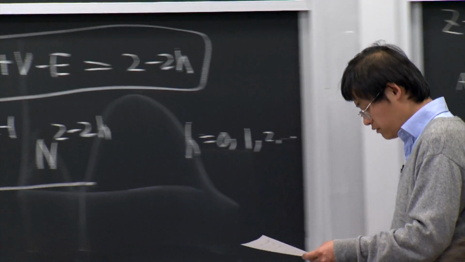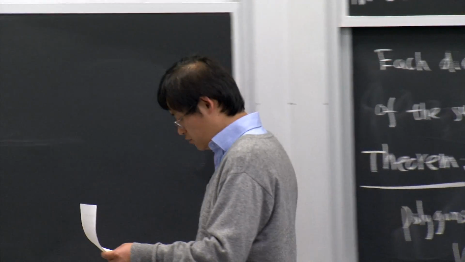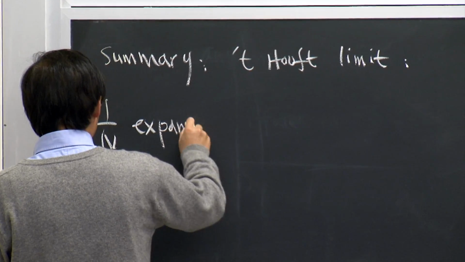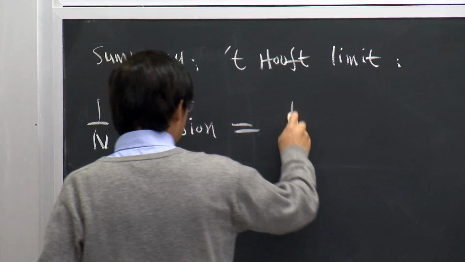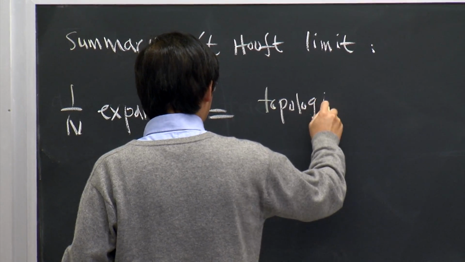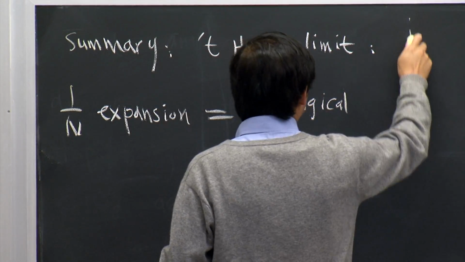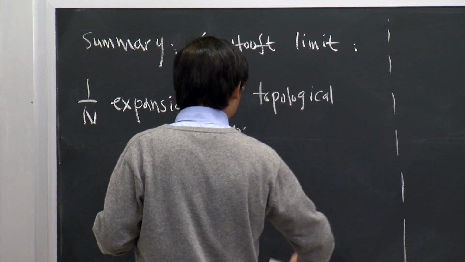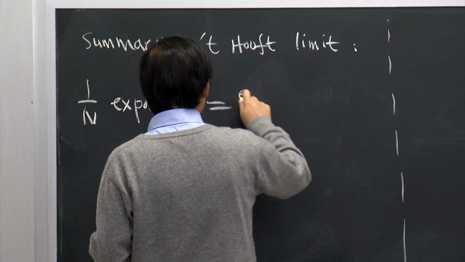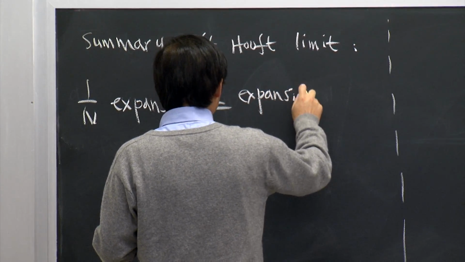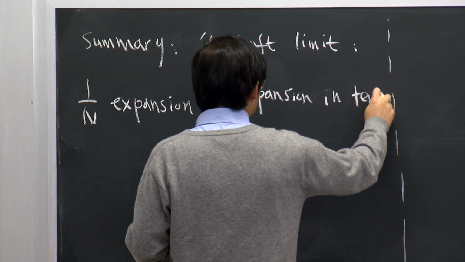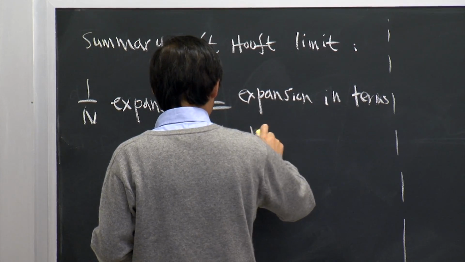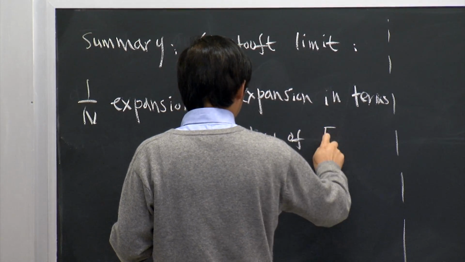So for such a kind of theory, the 1 over n expansion is equal to the topological expansion, is the expansion in terms of the topology of Feynman diagrams.